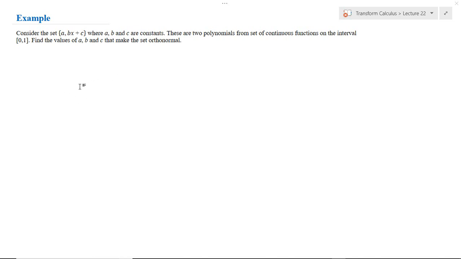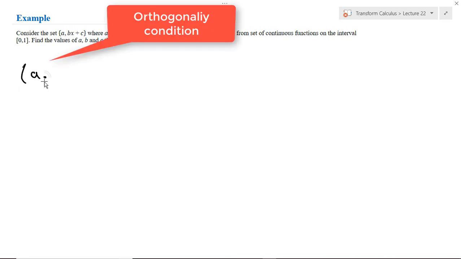So if you want to have an orthogonal set of functions, based on the definition, the inner product of the functions should be equal to 0. So in fact, the inner product of a and bx plus c should be equal to 0 if you want to have an orthogonal set.